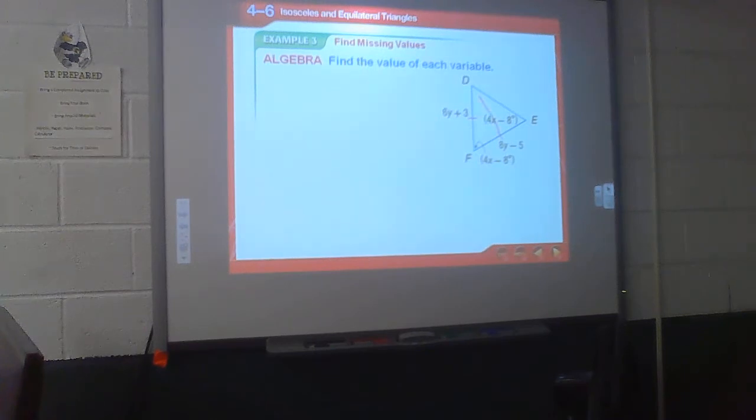But that would be this angle right over here and this angle right here. Would you agree with that? So why do they give us this angle? Maybe it was just a mistake on their part. Let's see what they say.